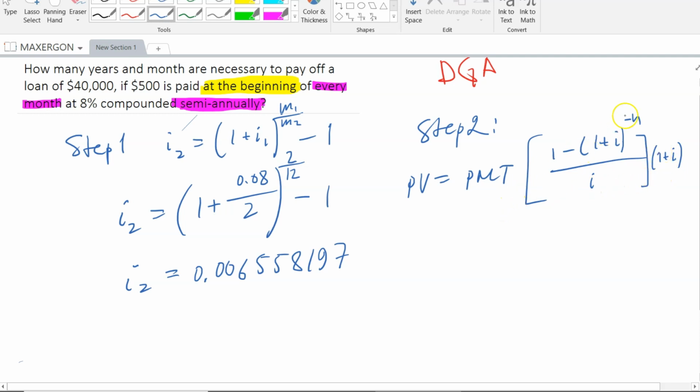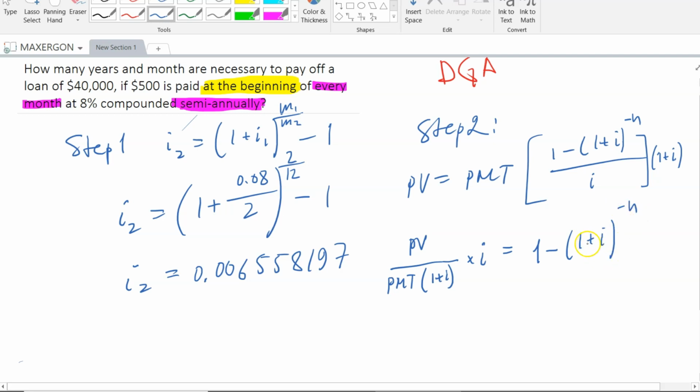We'll use this formula to find the formula for n. This is found pretty easily by using algebra. We'll start with present value. We'll divide it by PMT. Then we also will divide it by 1 plus I. And then we'll multiply by this I. What will be remaining is 1 minus 1 plus I to the minus n.